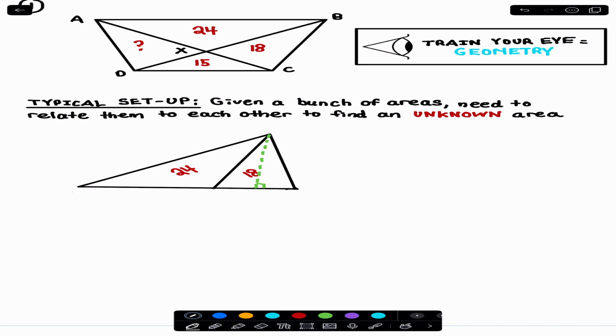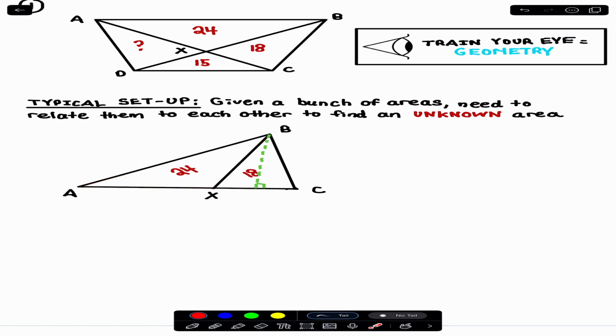I believe this was A, B, C, and X. And now I hope you see within this triangle, we actually have two more triangles. We have triangle BCX, and we also have triangle ABX.